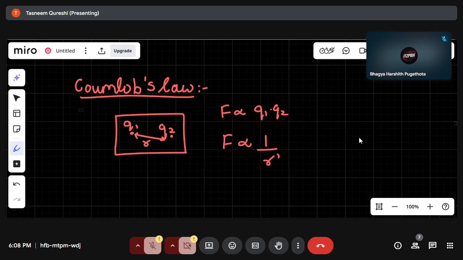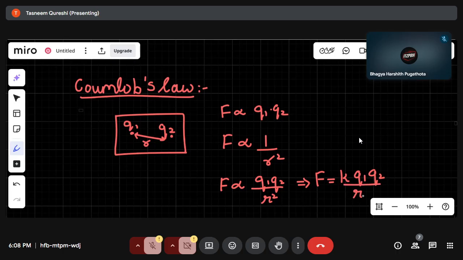We combine both of them, so it looks like this: F is directly proportional to Q1 Q2 over R square. From here, F is equal to some constant times Q1 Q2 over R square. This is the result.